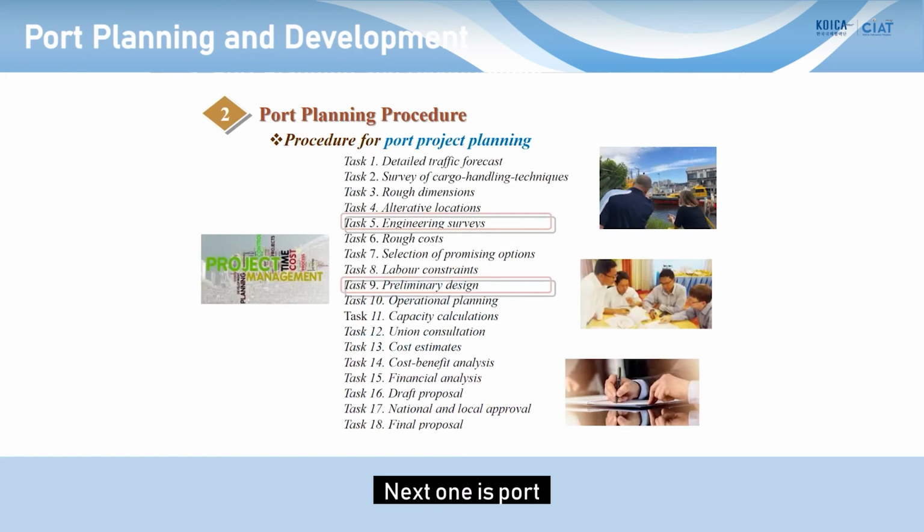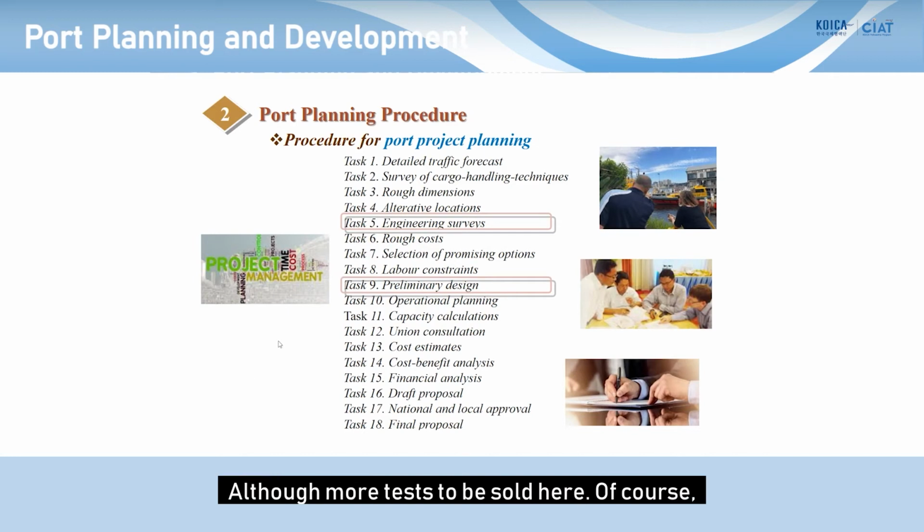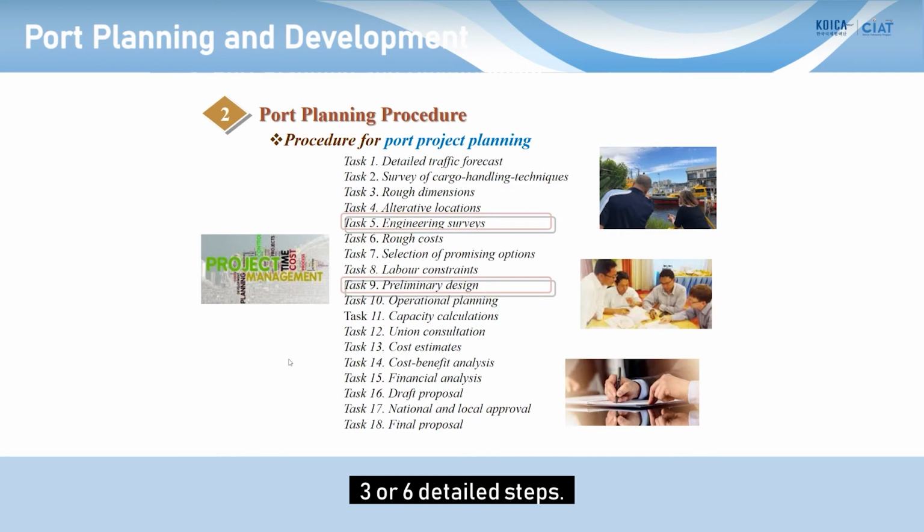Next one is a single port project planning. It is 18 steps. This type and level of plan can be applied and executed right away, although more tasks remain to be solved here. Of course, this covers the first planning process, the 3 or 6 detailed steps.